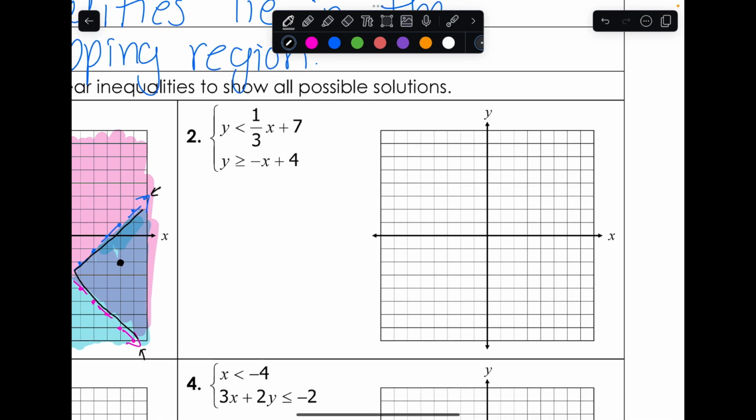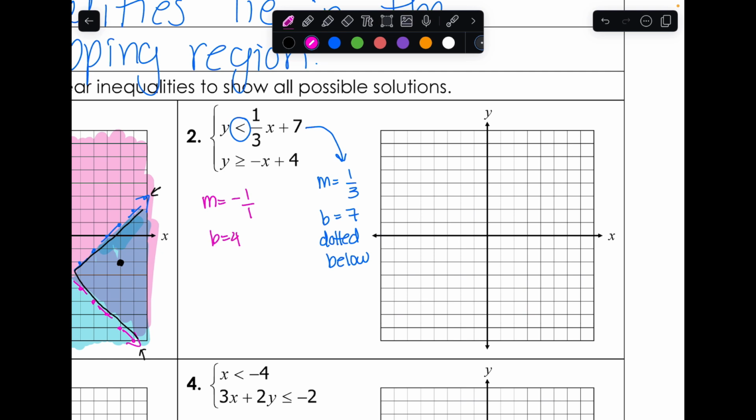Again, we're going to start simple. We are going to pull from our first line with a slope of 1/3 and a y-intercept of 7. The inequality tells me that I'm going to have a dotted line, and we are going to shade below. My second inequality, again in slope-intercept form, has a slope of -1/1 and a y-intercept of 4, but this time we will be shading above the line with a solid line because of our equal to.